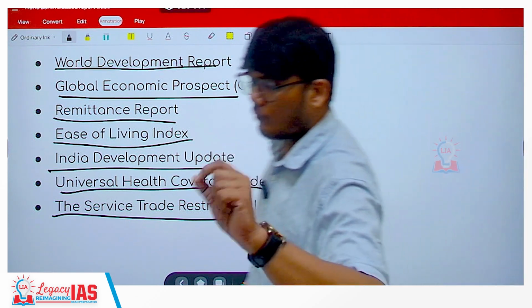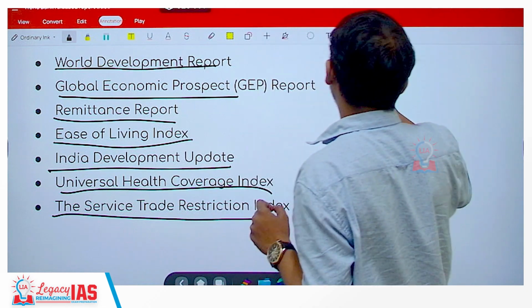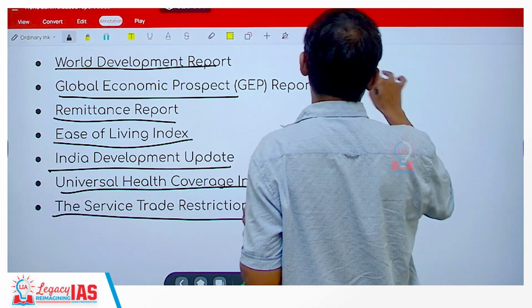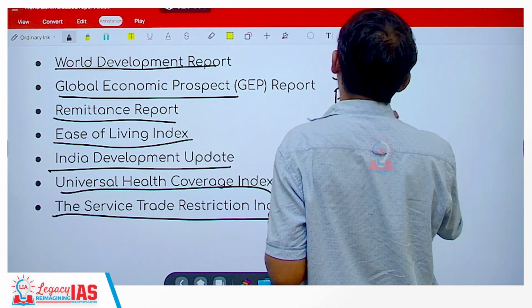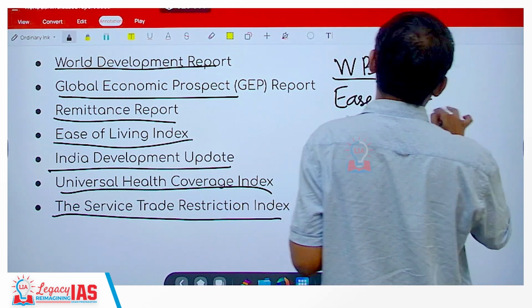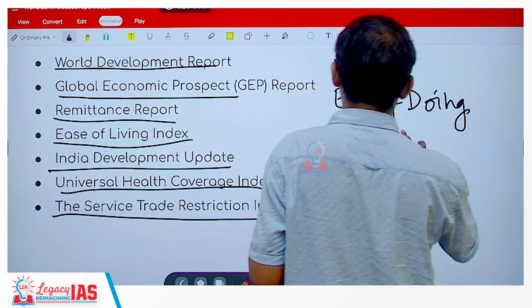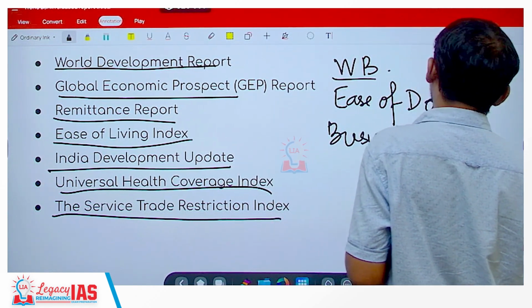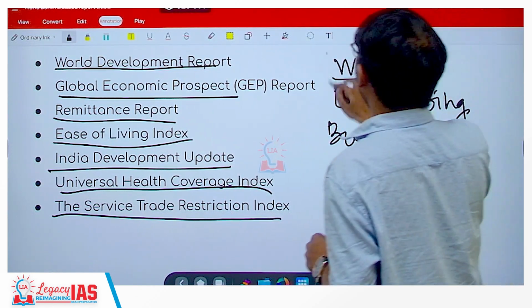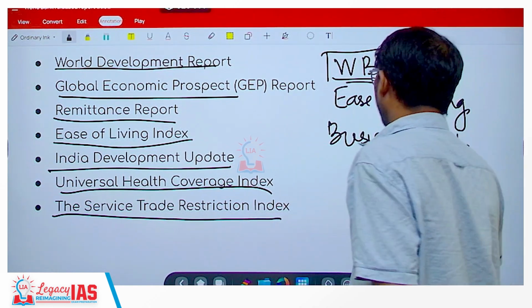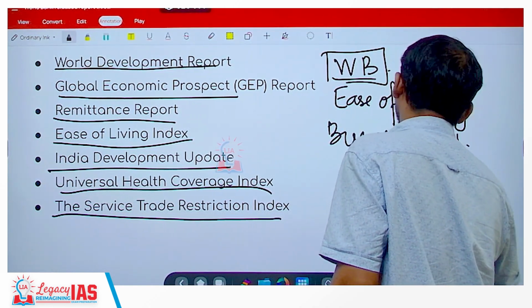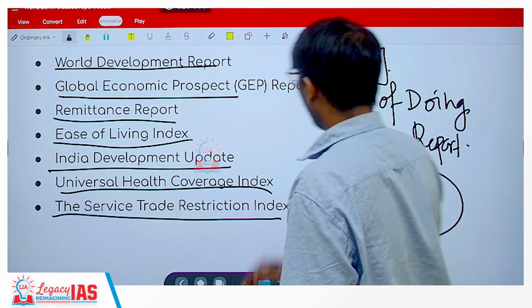One important report you should remember is the World Bank's Ease of Doing Business Report. Now, this was also brought out by the World Bank, but now it has stopped. So remember about this as well.